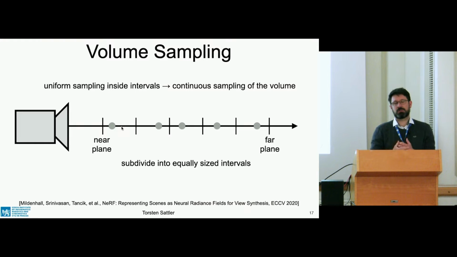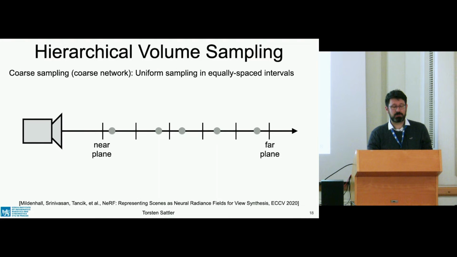The reason why you do this is that if you sample at fixed positions, you only train the network at fixed positions. If you uniformly sample during training, you essentially cover the space more continuously. So here you hope that you would hit something that's close to the surface, but you're not really guaranteed to draw a lot of samples actually at the surface.